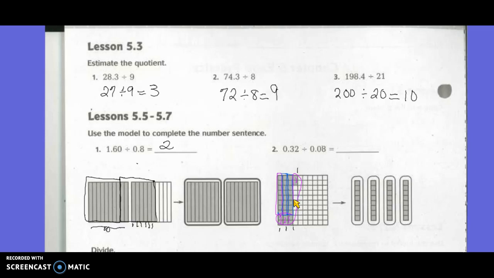Or if I were working with my base 10 blocks, I would be able to take my hundredths cubes and lay them into 4 groups until they were all gone. So 32 hundredths divided by 8 is 4.